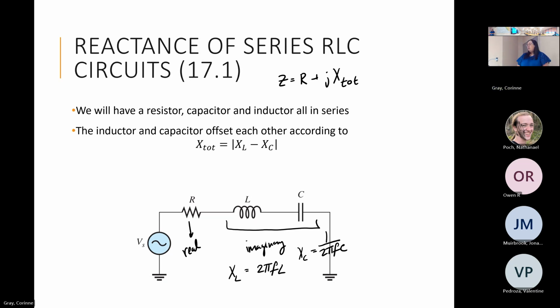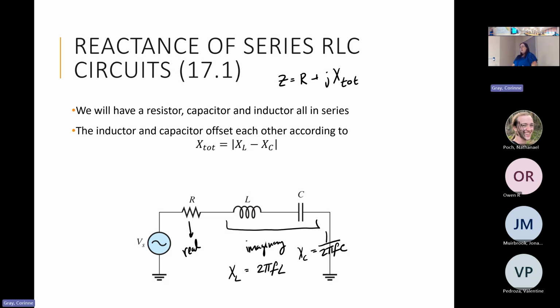Do you technically use the absolute value part? It kind of depends on what exactly you're looking at for your textbook. For this one, we'll be seeing the absolute value of the two of them subtracted from each other.